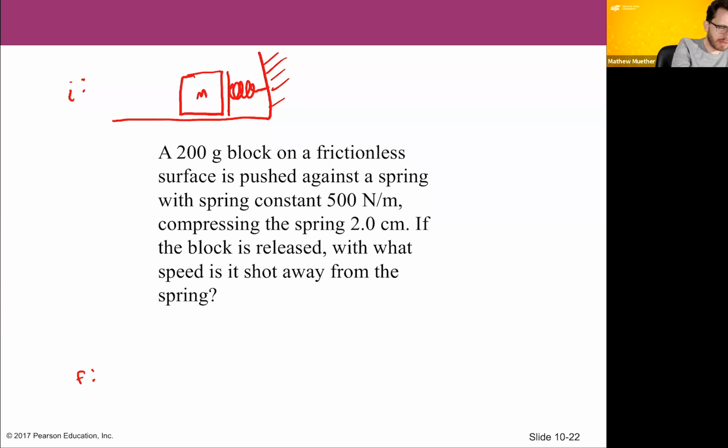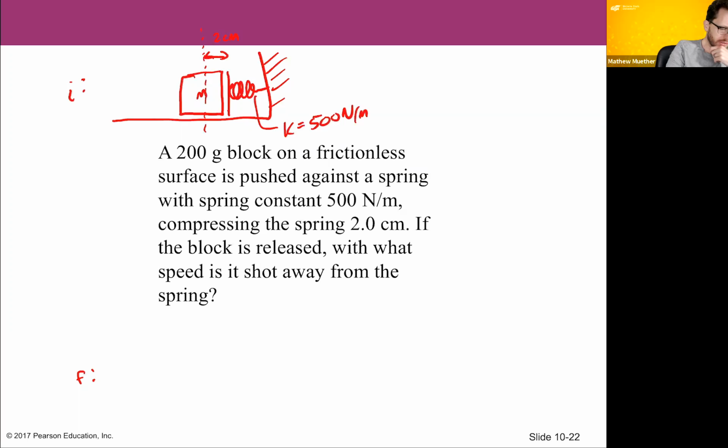The block has mass m, and I know that the spring has a natural length that's, say, here, and it's compressed by 2 centimeters. I also know the spring constant for this spring is 500 newtons per meter.